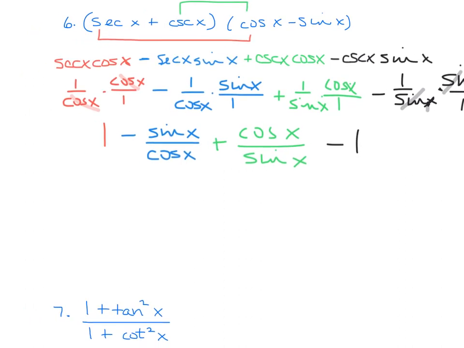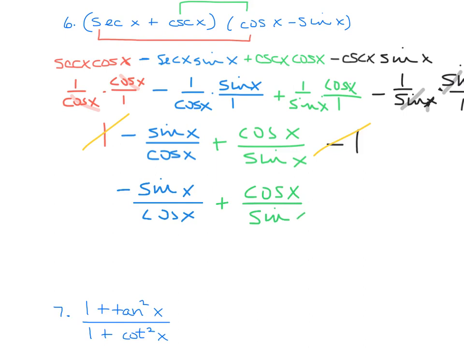Now, when I go to simplify here, notice the 1s are going to cancel because 1 minus 1 is 0. So now I'm left with negative sine x over cosine x plus cosine x over sine x. Now, if you remember from your identities, these are both the tangent and the cotangent.